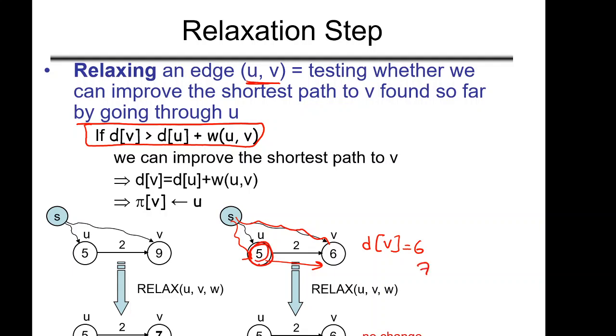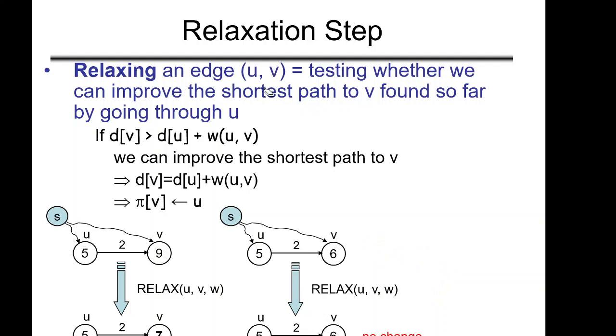So the estimated weight is 7 now. So d of v is not greater than this plus this, and we do nothing. We already have a better path, so we don't want to come from u, and we do nothing.